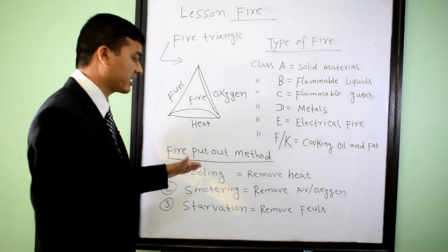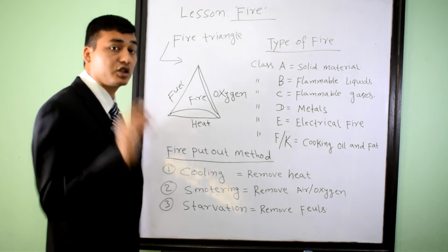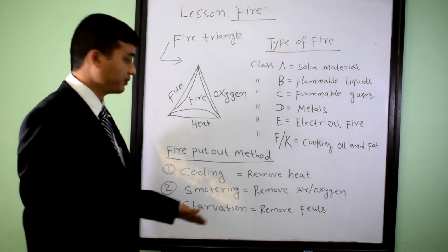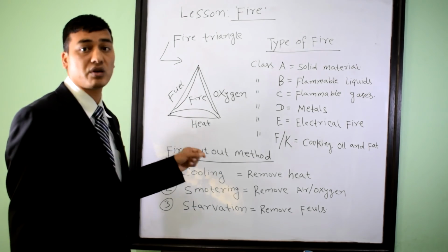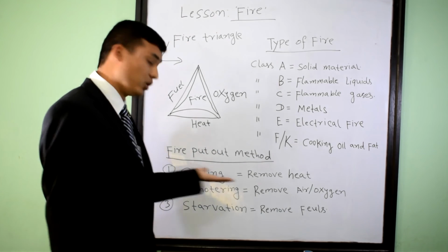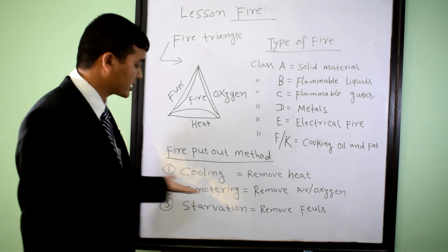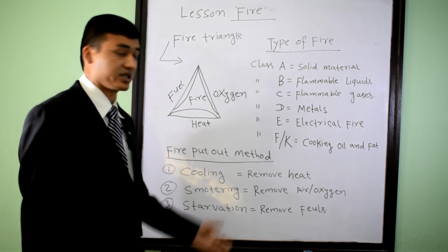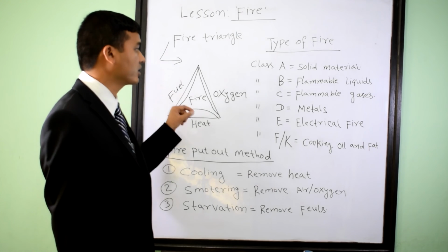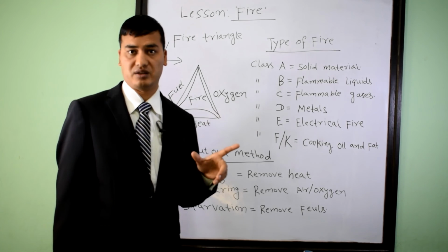It is also starvation. You have to understand, there are 3 methods we can use to put out the fire: one of them, cooling, or smothering, or starvation. These three methods can be used to put out the fire.